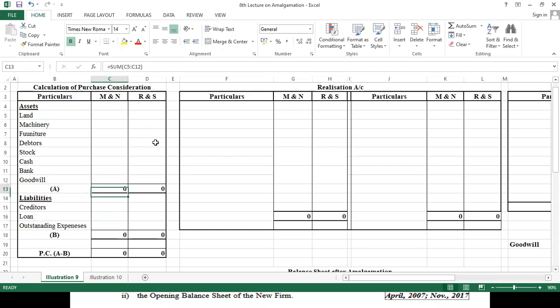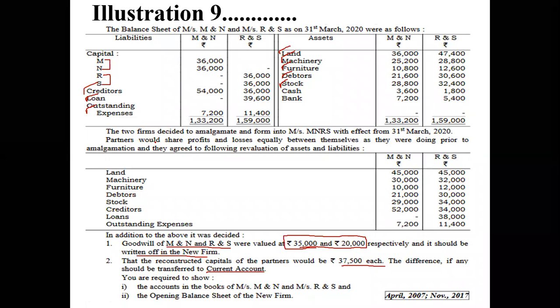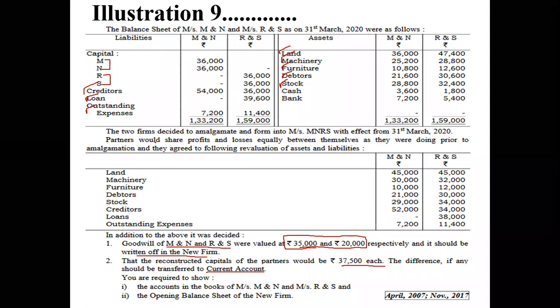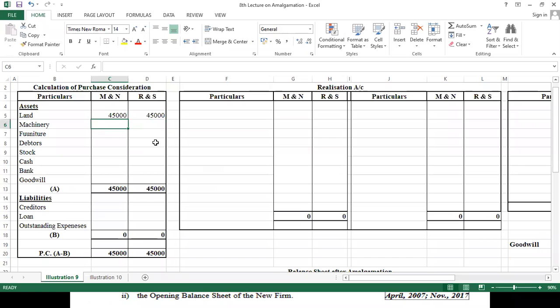Okay. So let us write down the values as per the agreed or revalued value. So what is the value of land? 45,000. Now coming to machinery, the new value is 32,000.